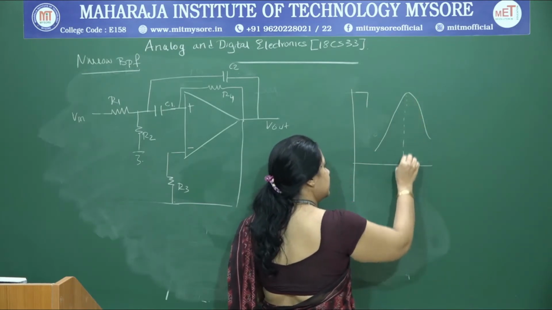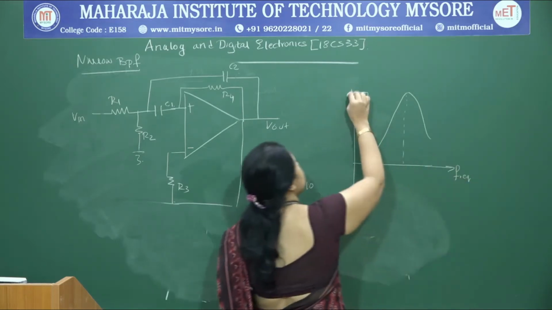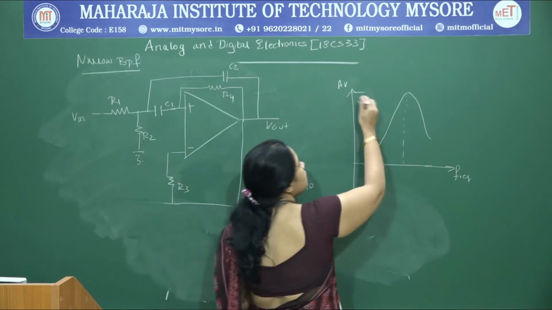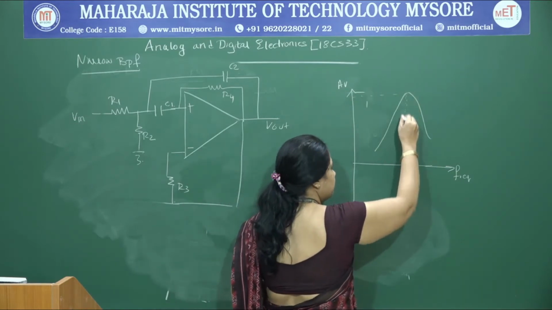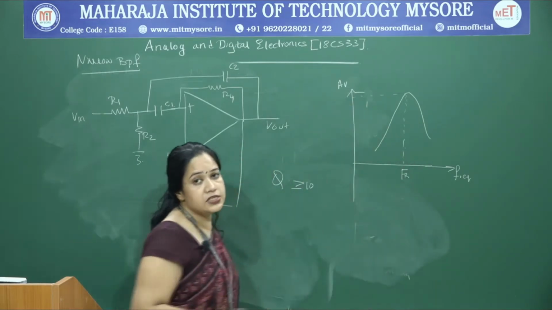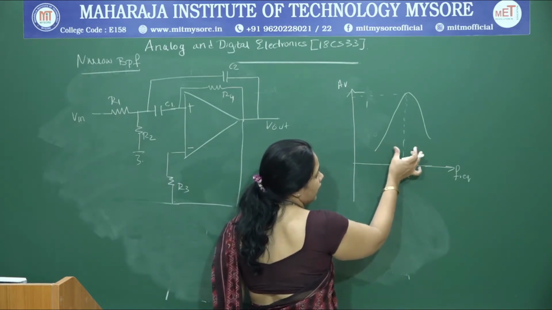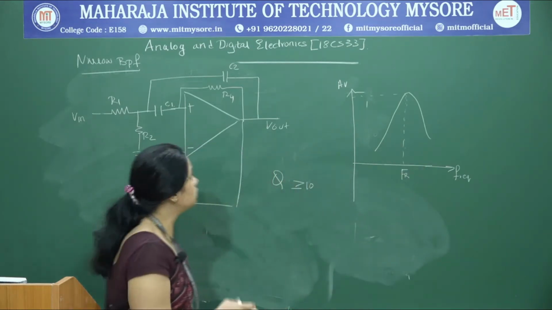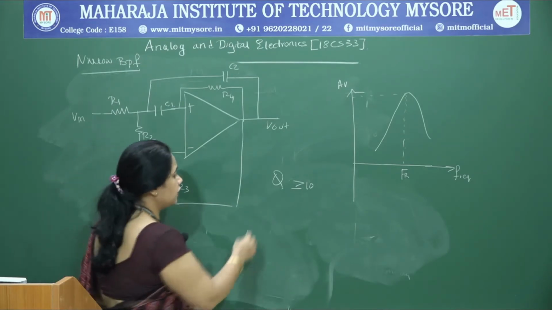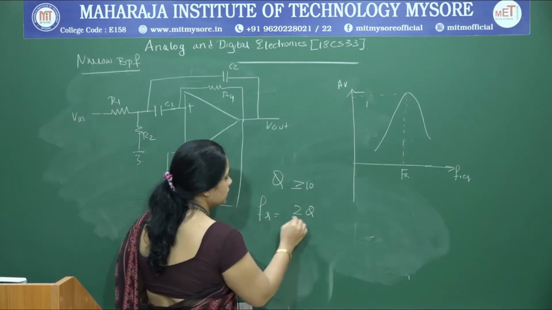If you plot the frequency response taking frequency along the x axis and voltage gain along the y axis, you observe that at some frequency, called the notch frequency, the gain is maximum. Because this produces a bell shaped or narrow band pass frequency response, we call such filters narrow band pass filters.